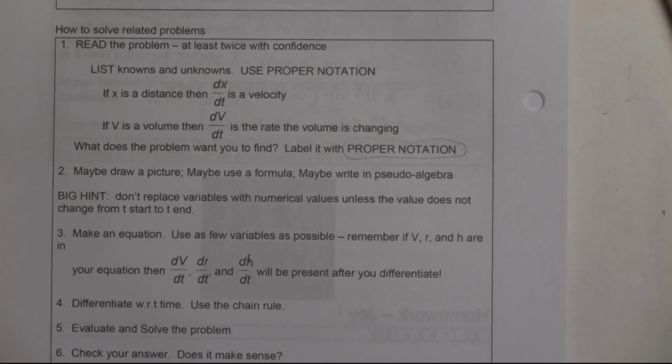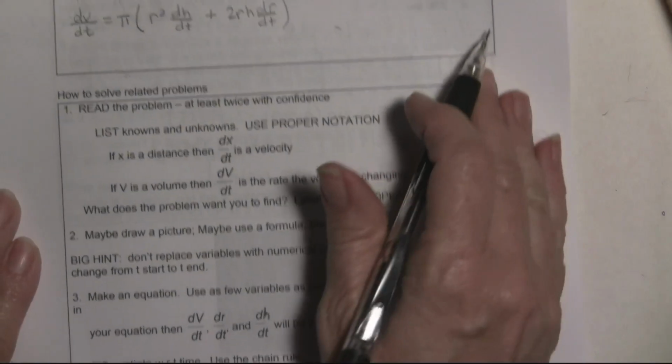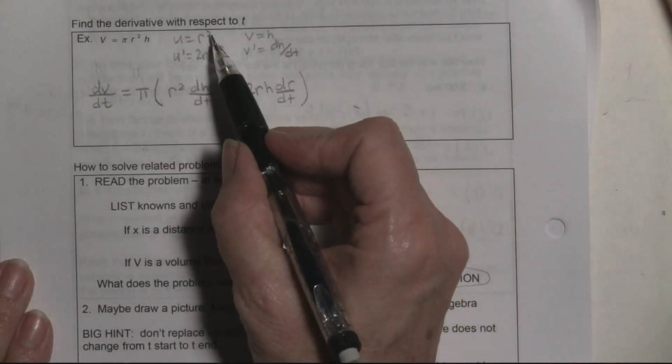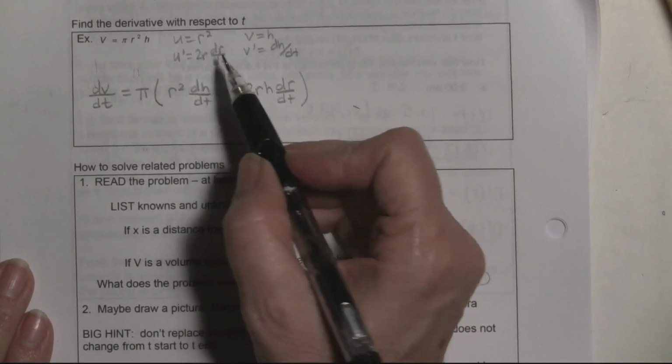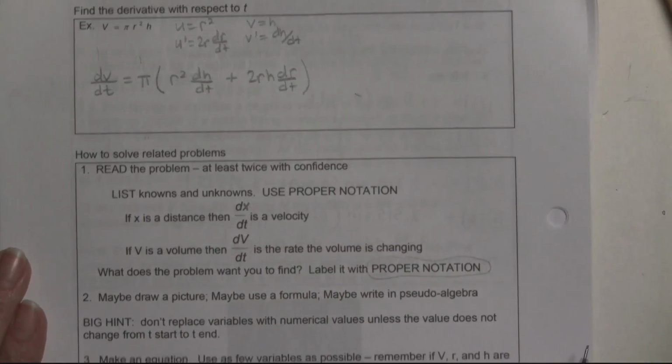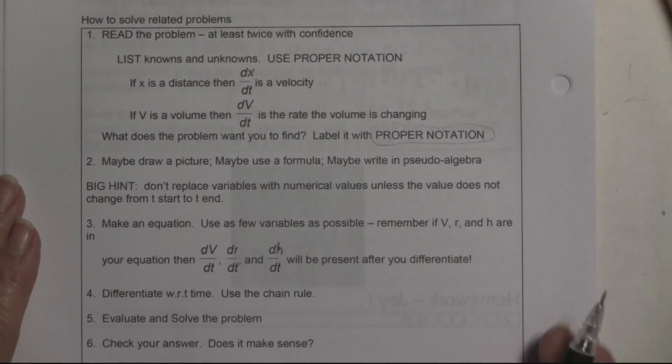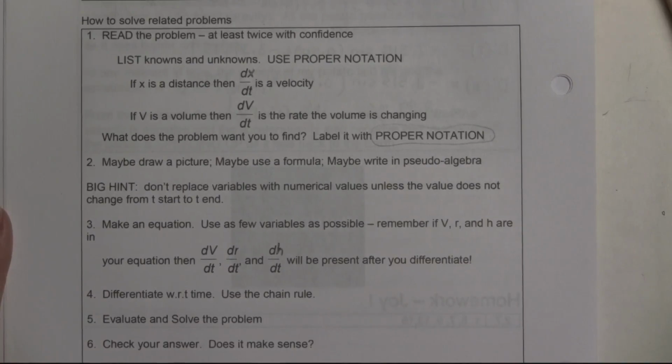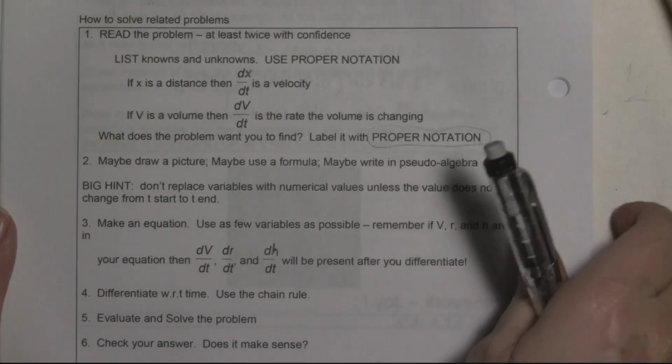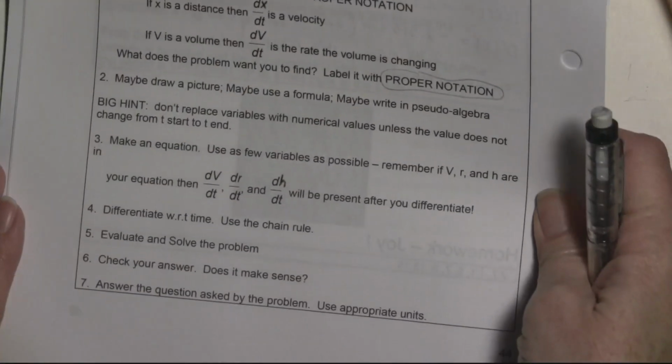We were using the chain rule up here: when we said that the derivative of r squared was 2r dr dt, we were using the chain rule, even though we've probably practiced it enough that you don't even think of it as chain rule anymore. Evaluate and solve the problem. Check that your answer makes sense. And answer the question asked by the problem and use appropriate units.